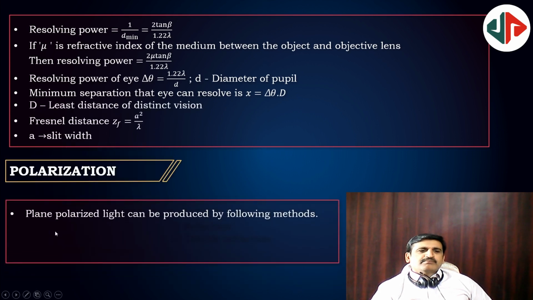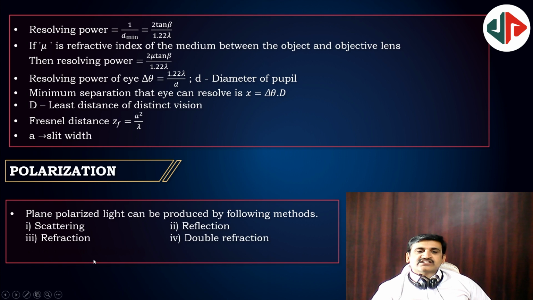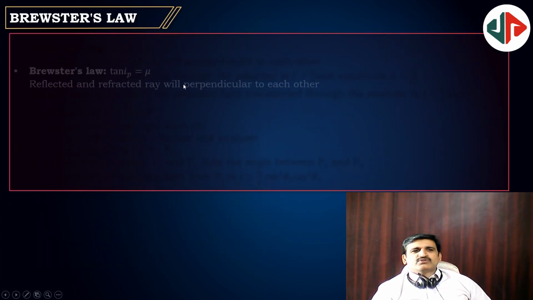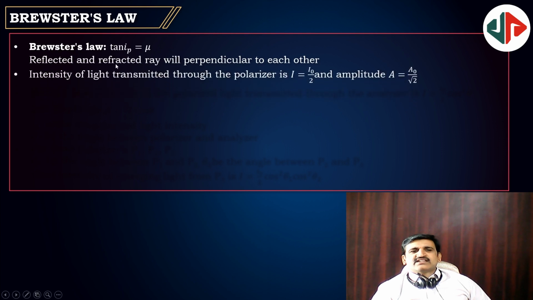Polarization. Plane polarized light can be produced by the following methods: scattering, reflection, refraction, double refraction, dichroism. Brewster's law: in case of reflection, at one particular angle of incidence, the reflected ray is completely polarized, and that particular angle of incidence is known as the polarizing angle.